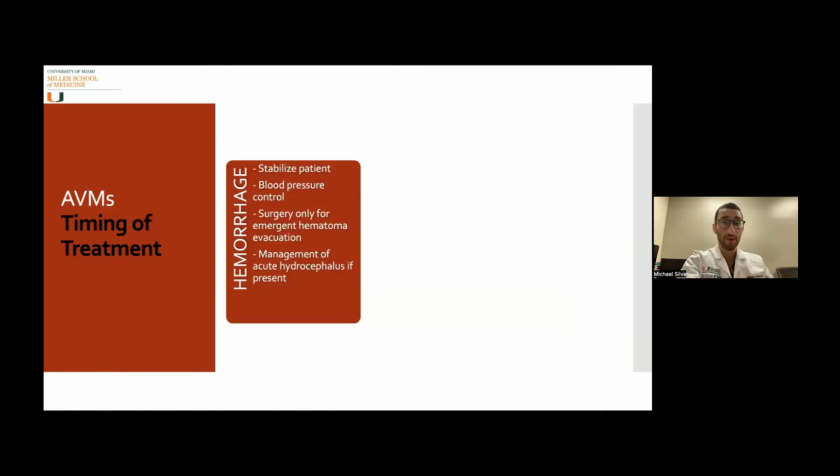So the initial hemorrhage event, basic things, stabilizing the patient, blood pressure control. And surgery is really only done in the acute setting, in most cases, for emergent hematoma evacuation. If there's acute hydrocephalus, again, these AVMs can often cause intraventricular hemorrhage, management of the hydrocephalus with an EVD or whatever is indicated.